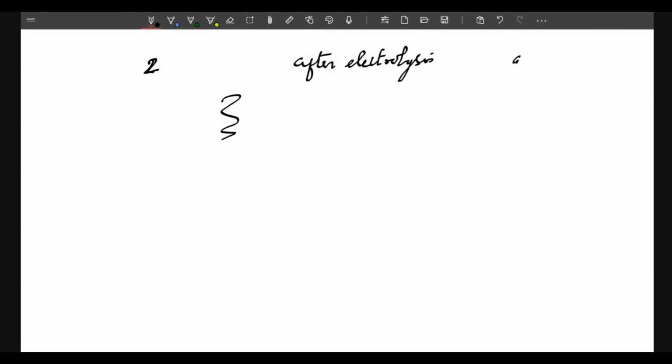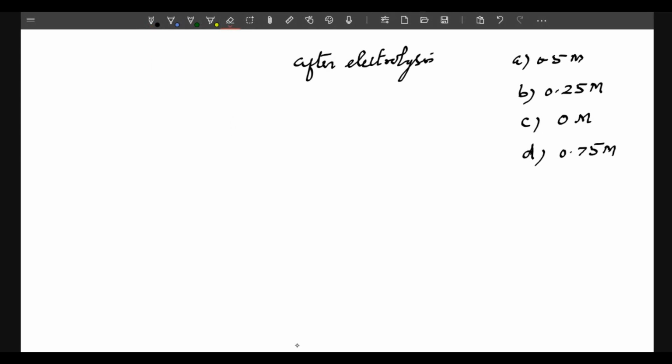Option A, 0.5 molar. Option B, 0.25 molar. Option C, zero concentration. D, 0.57 molar. The remaining after electrolysis is this much.